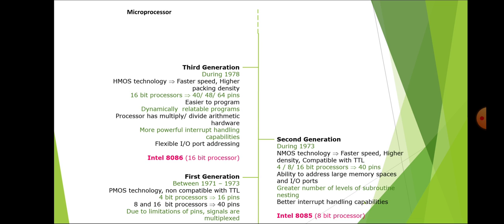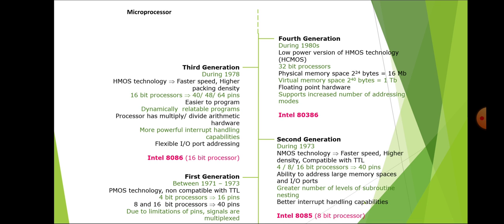It has a dynamic relocatable program. The processor has multiply and divide arithmetic hardware, so you can perform all arithmetic operations on it. It has more powerful interrupt handling capabilities and flexible input output addressing.